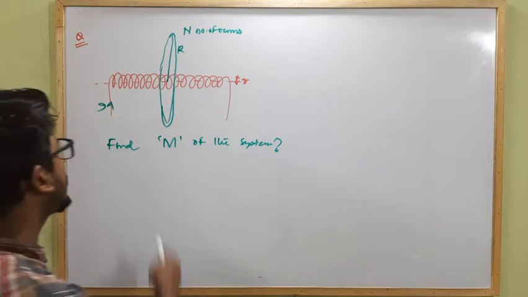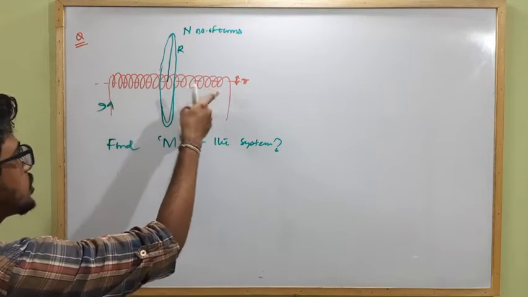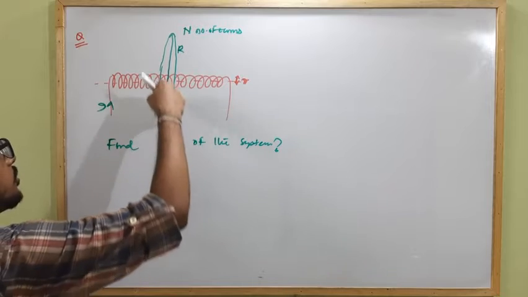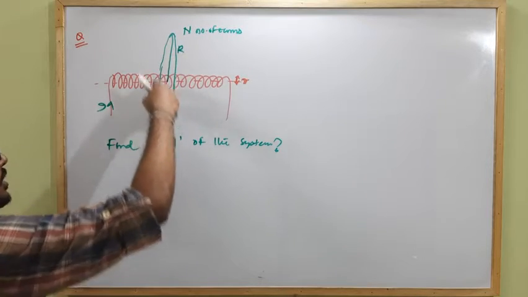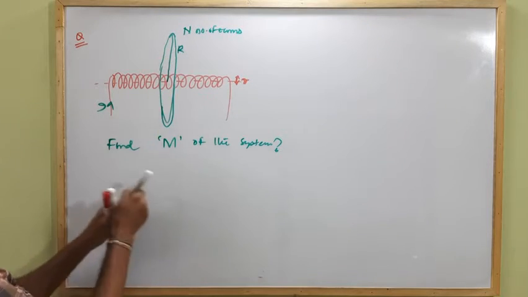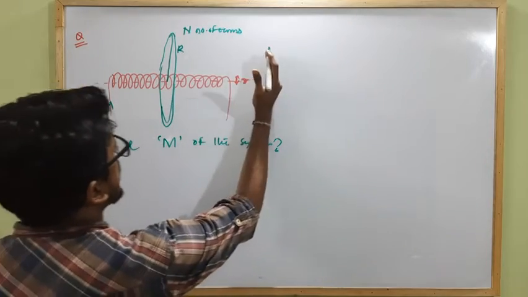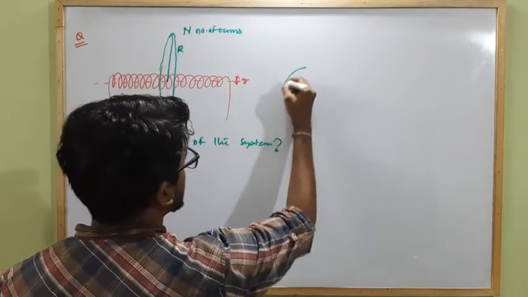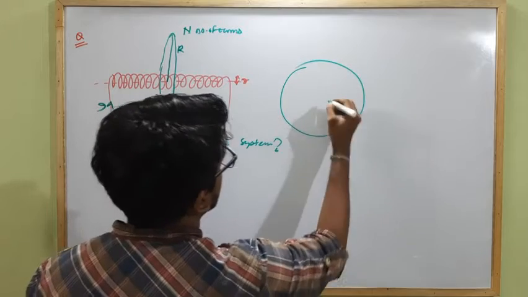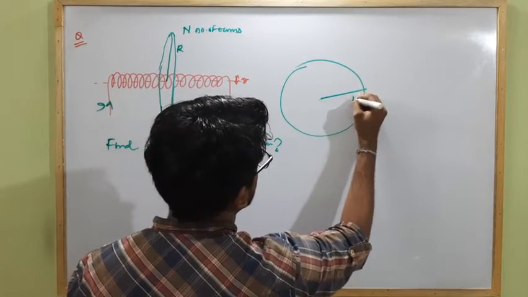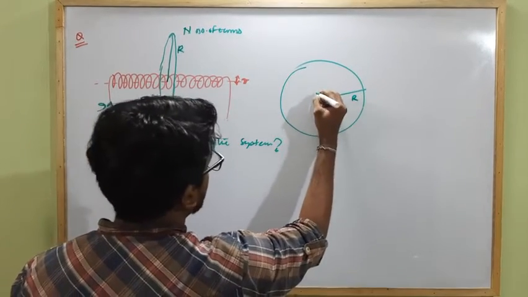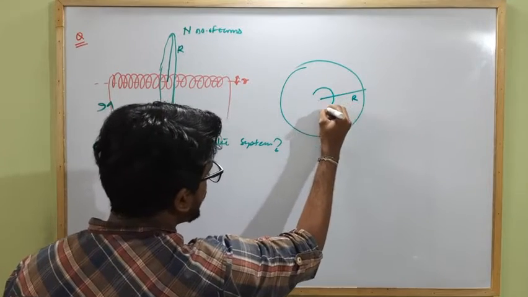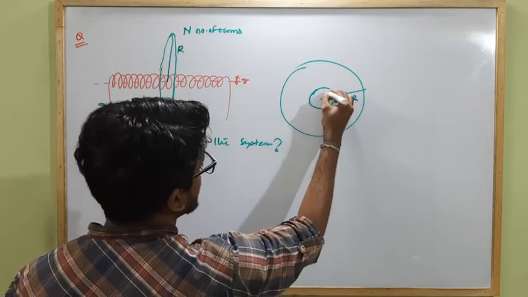We know that as current is flowing through this ideal solenoid, what will be the flux linked to this secondary or larger coil? If I take the top view, it will be like this. This is the circular coil of radius R, and this is the region within which the solenoid is passing, with radius small r.